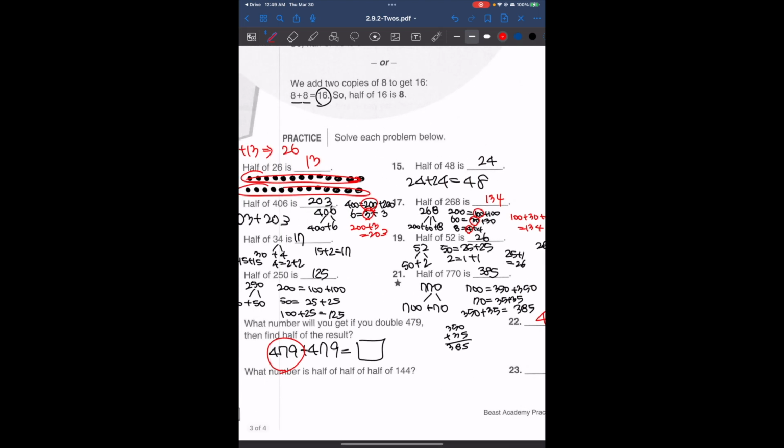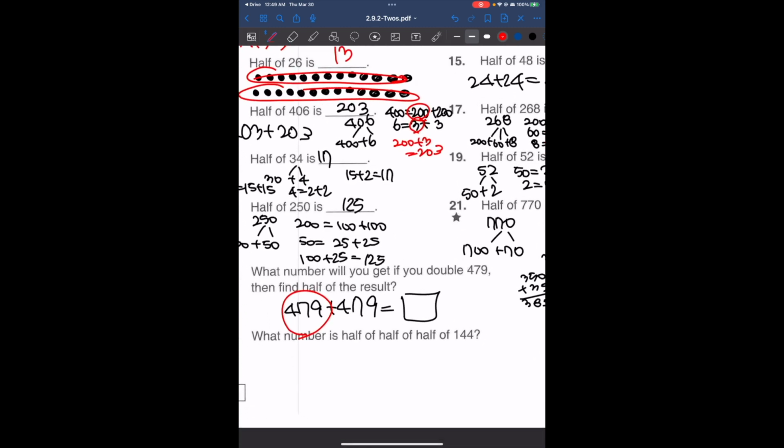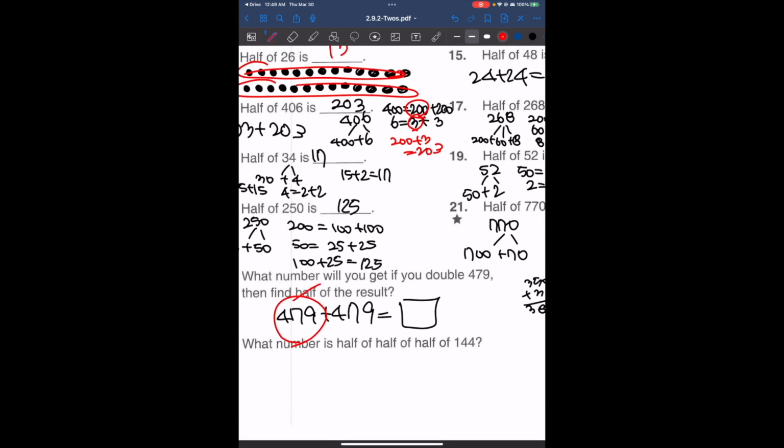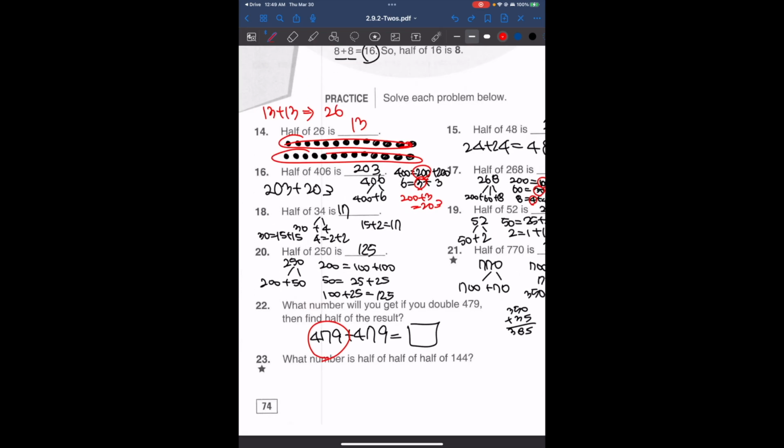And later on, if you learn multiplication, you will learn that finding the half, or dividing by 2, and doubling, multiplying by 2, basically cancel each other out. But we'll learn that in future videos.